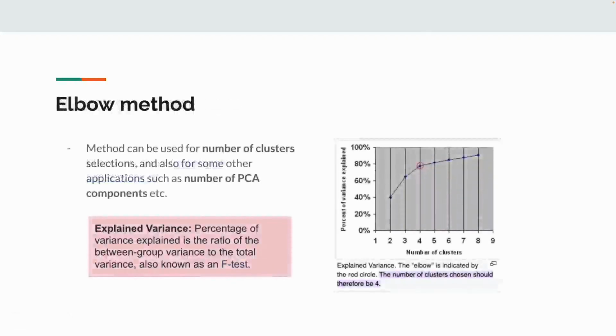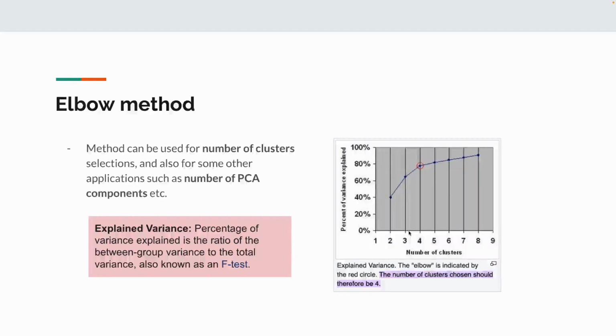Let's try to understand the elbow method. The main metric here is the explained variance. As you can see, the x-axis represents the number of clusters. If you cluster your data into two groups, you are able to explain 40% of the variance of the data.